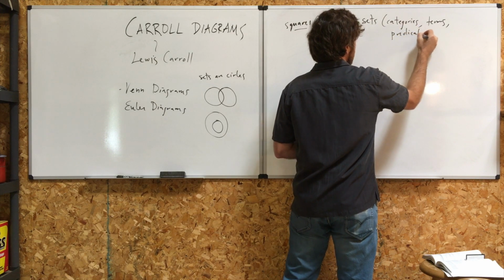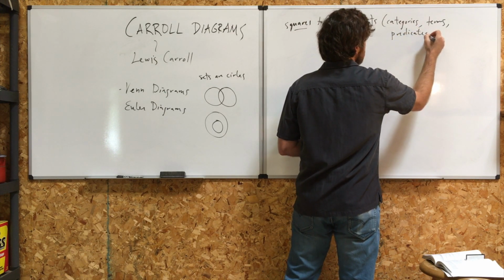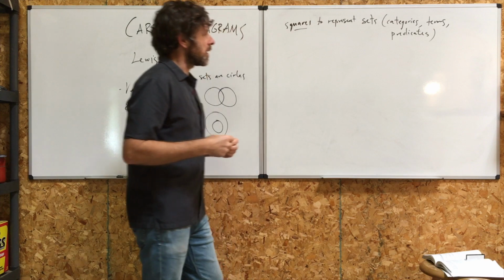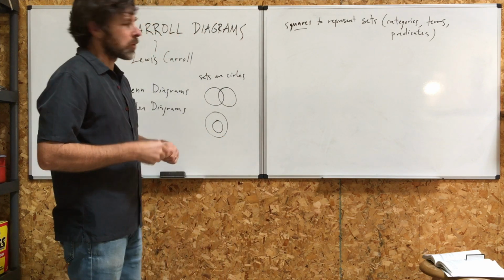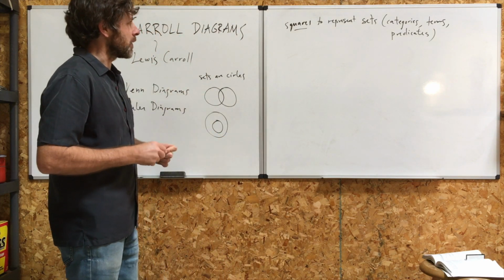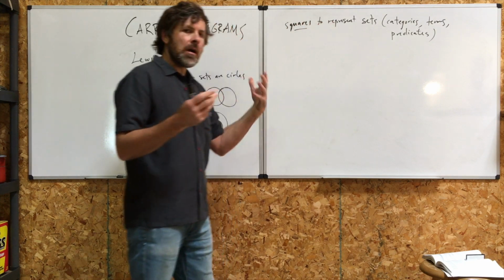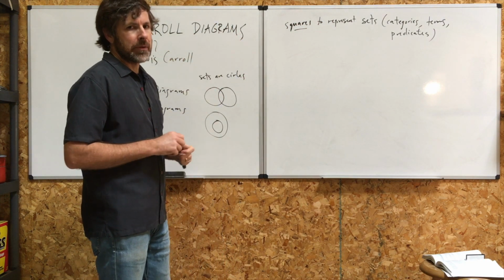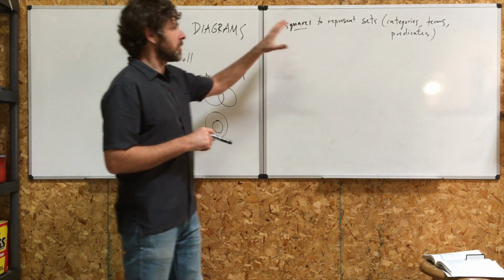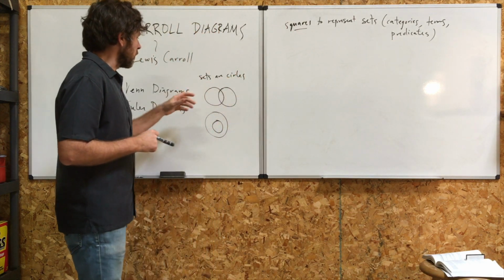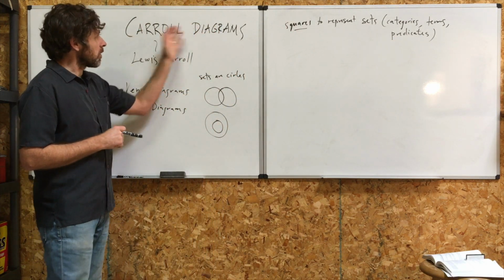These are all different words to use, basically to say the same thing. Okay, or groups, classes, that kind of thing. He used squares, and he did not overlap the squares. We'll get to that. But first of all, I want to show you why we're going to use Carroll diagrams.